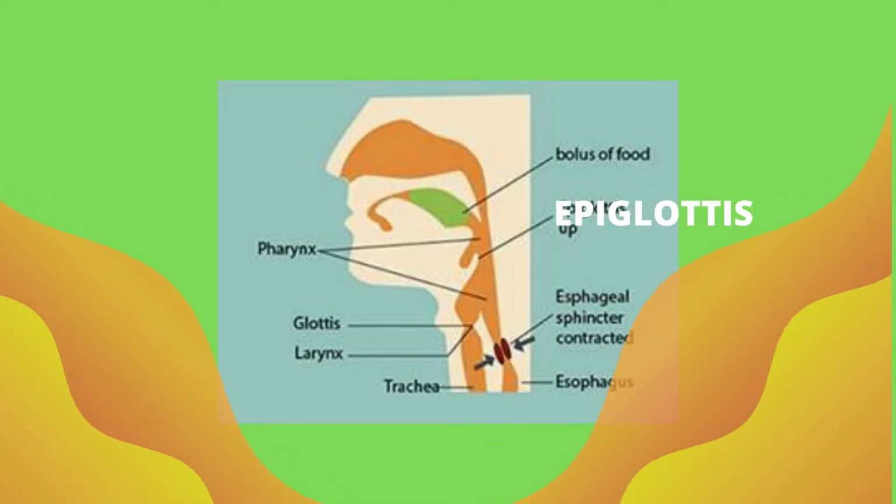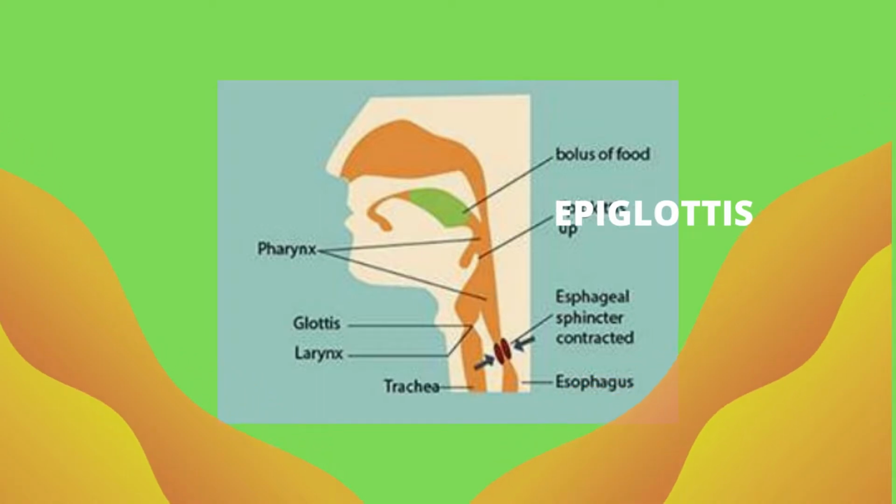There are some additional points to understand. Epiglottis, one of the cartilages, has a muscular controlled hinge-like action and serves as a lid which automatically covers the opening of the larynx during the act of swallowing, so as to prevent the entry of food or liquid into the larynx.